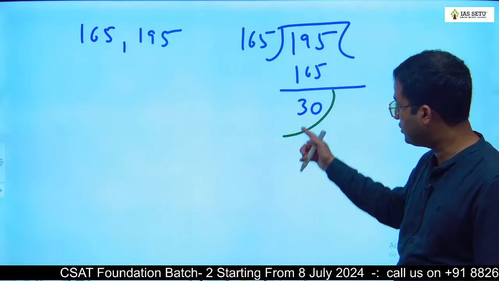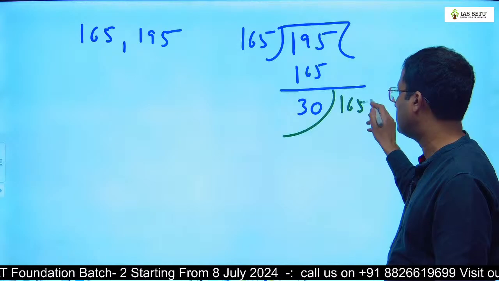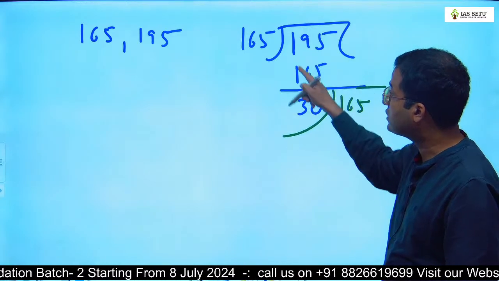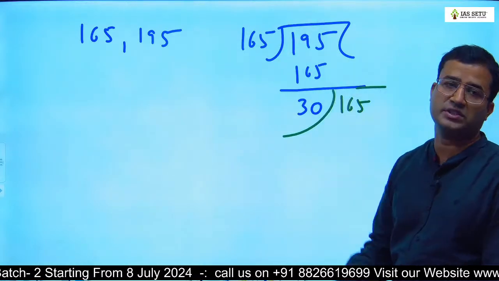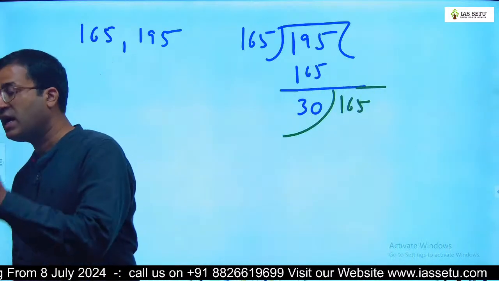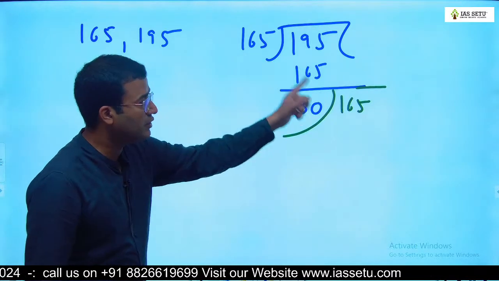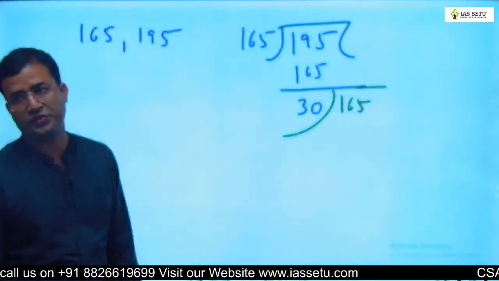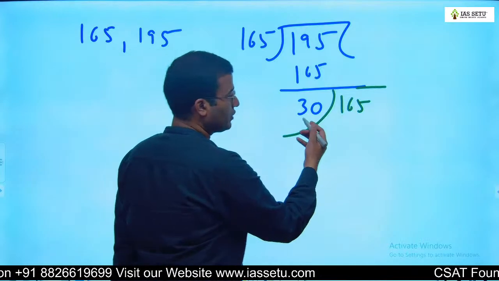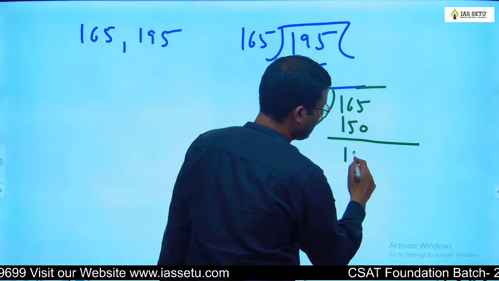अब आगे की ये चलाए. And the last divisor. Now here this 30, try to divide 160. This remainder will become the divisor and the last divisor will be 30. Here 1 remainder.